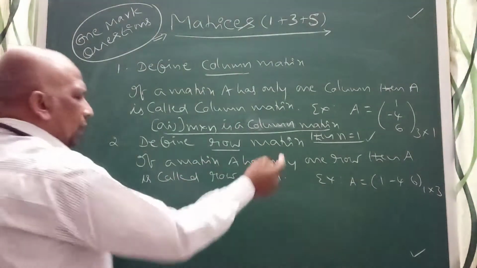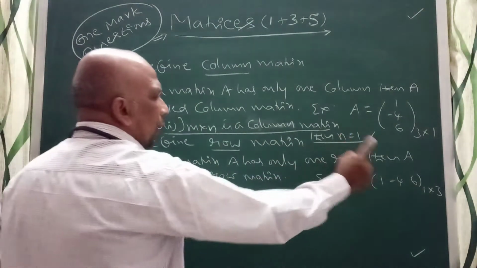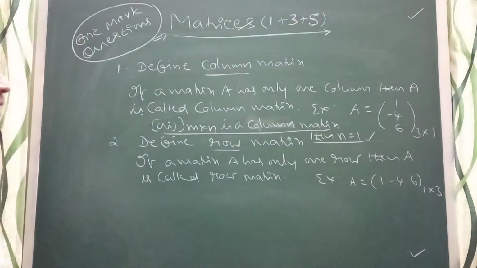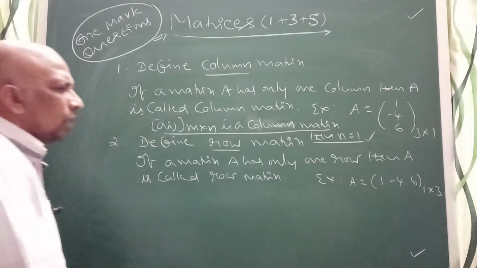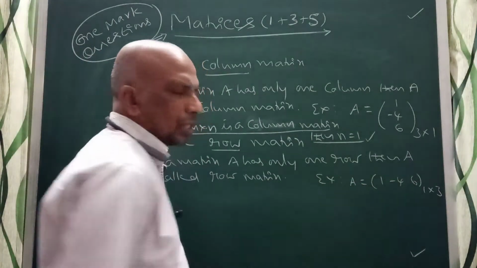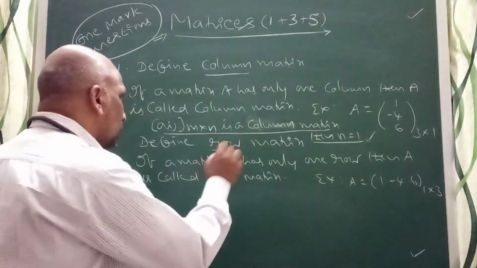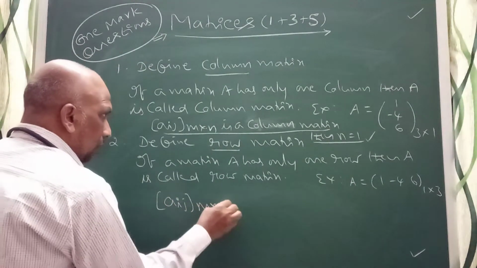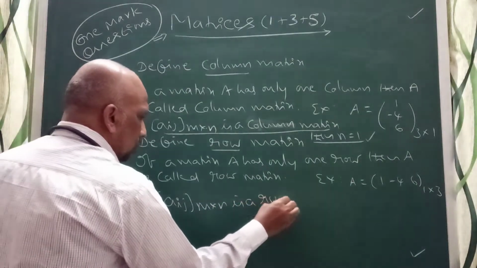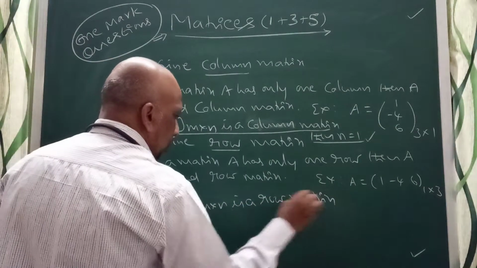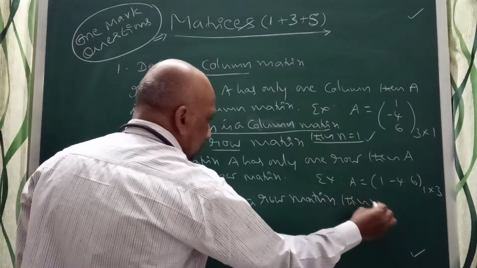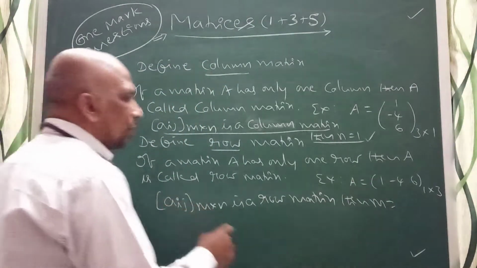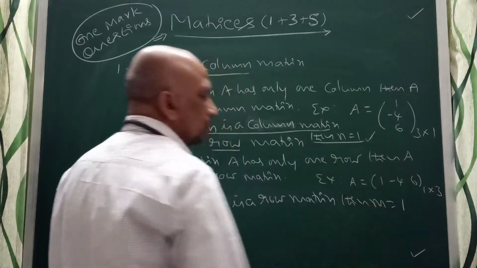Define a row matrix. If a matrix A has only one row, then A is called a row matrix. Example: A = [1, -4, 6, 1/3]. Now observe, suppose the matrix A = [aij] of order m by n is a row matrix, then m is equal to 1.